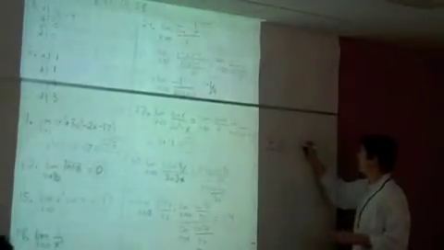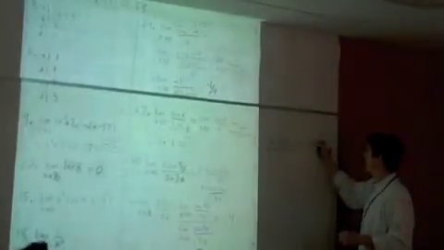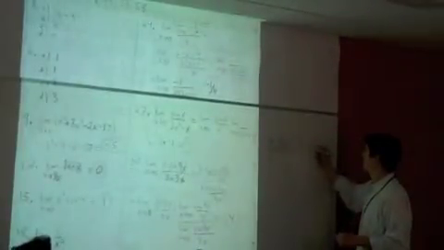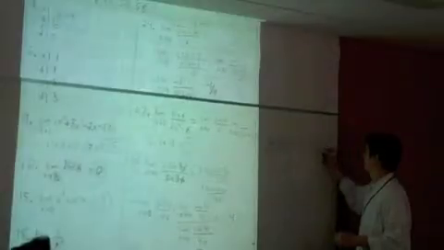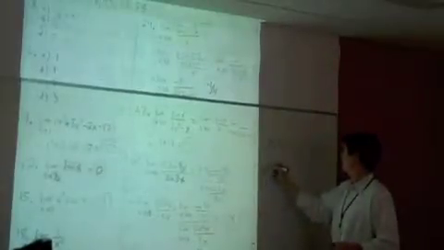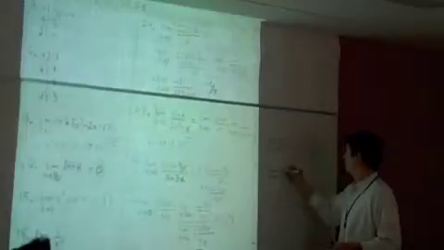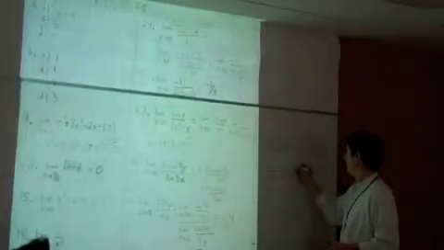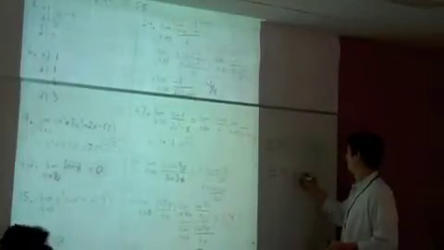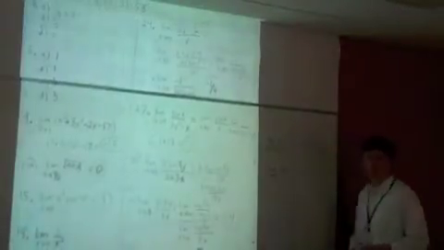This is the same as the limit as x approaches 0 of sine x over x times 2x minus 1. Any questions on that factoring out? Okay? Equals the limit as x approaches 0 of sine x over x times the limit as x approaches 0 of 1 over 2x minus 1. Does that make sense what I just did?